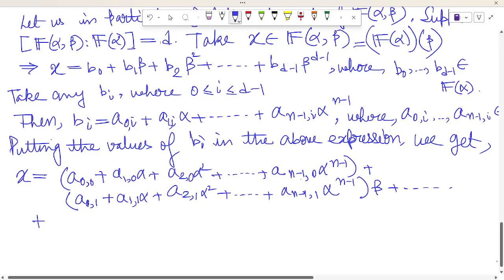And what will be the last term here? Last term will be a, b minus 1 thing.